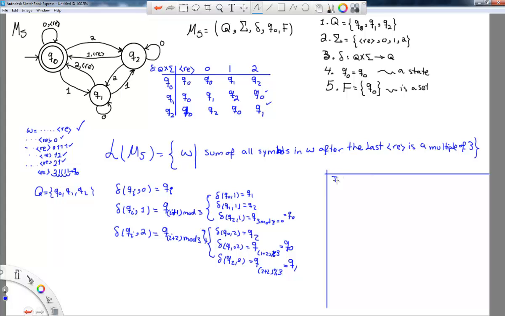Try it yourself. I would like you to write the description of a machine, and we call this M sub 6, which recognizes a language.